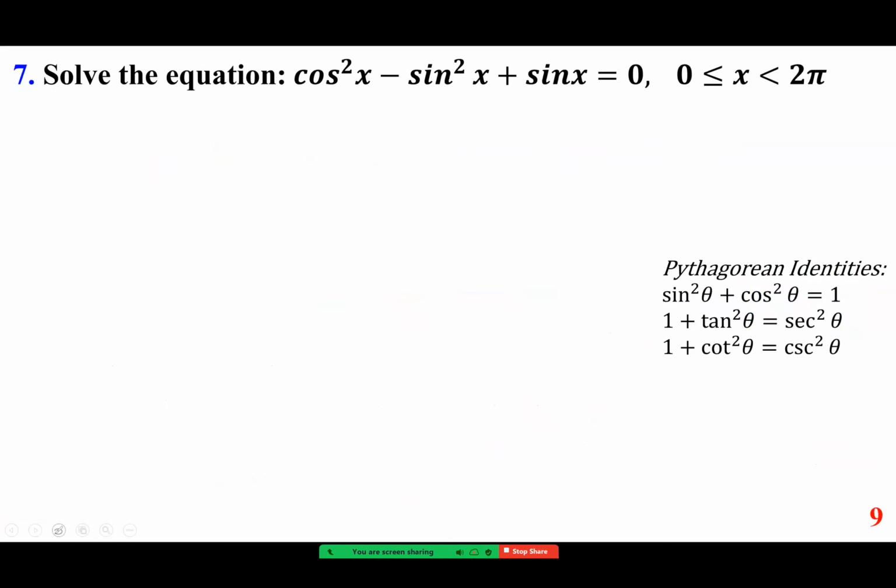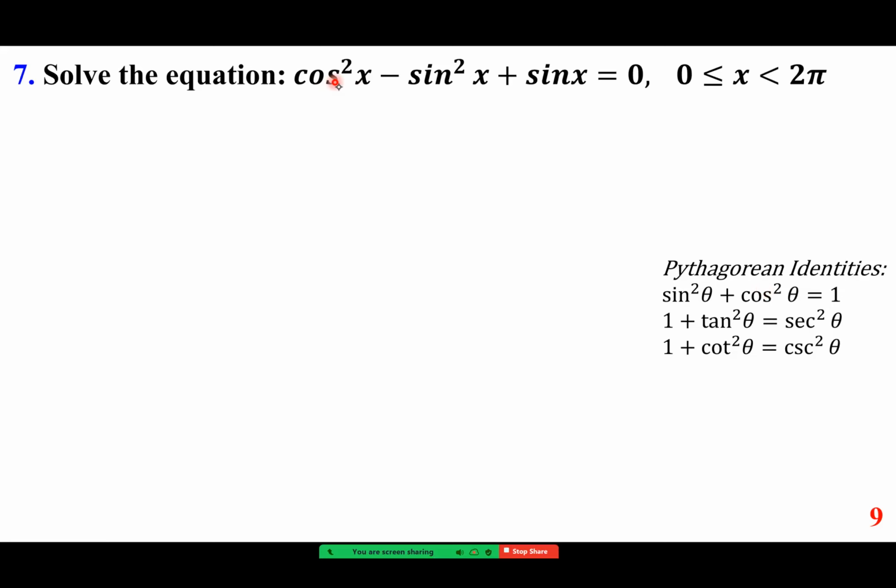We want to solve the equation cosine squared minus sine squared plus sine x equal to 0. And we remember Pythagorean identities. And since this involves sine squared and this involves sine, all we have to do is change this one. Sine squared plus cosine squared is 1. Therefore, cosine squared is 1 minus sine squared.